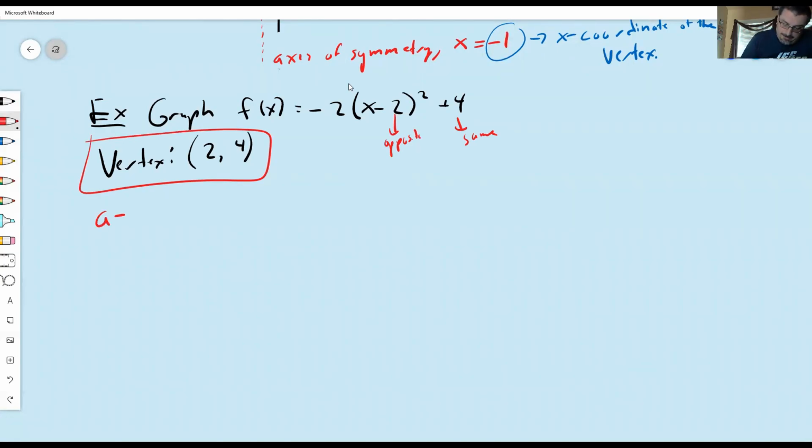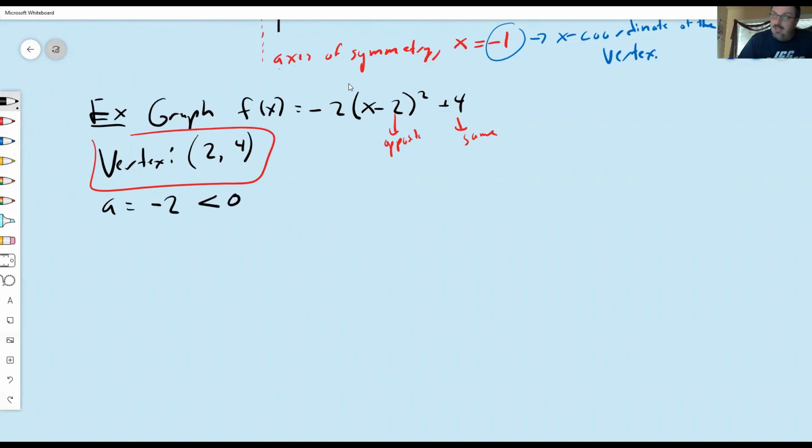Then a is minus 2, which is less than 0. You recall, less than 0 means you open down. So we're going like this this time. The absolute value of a is 2.